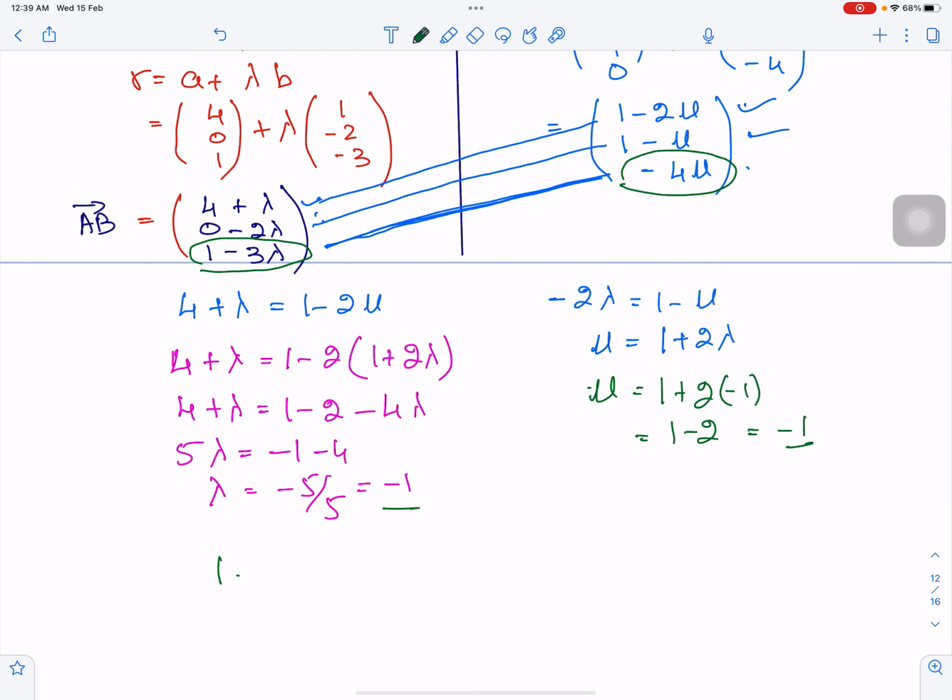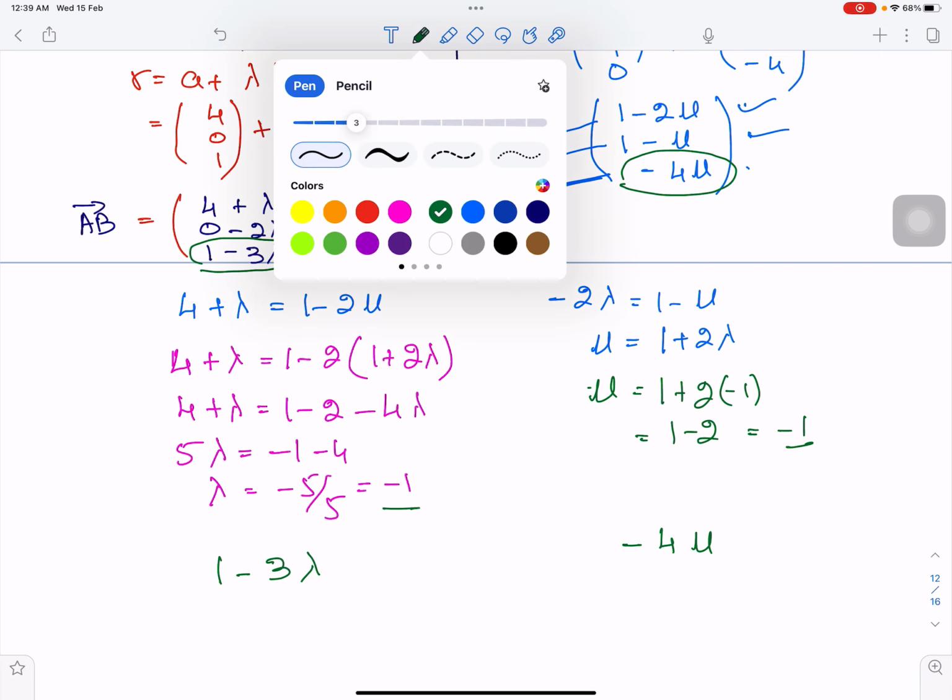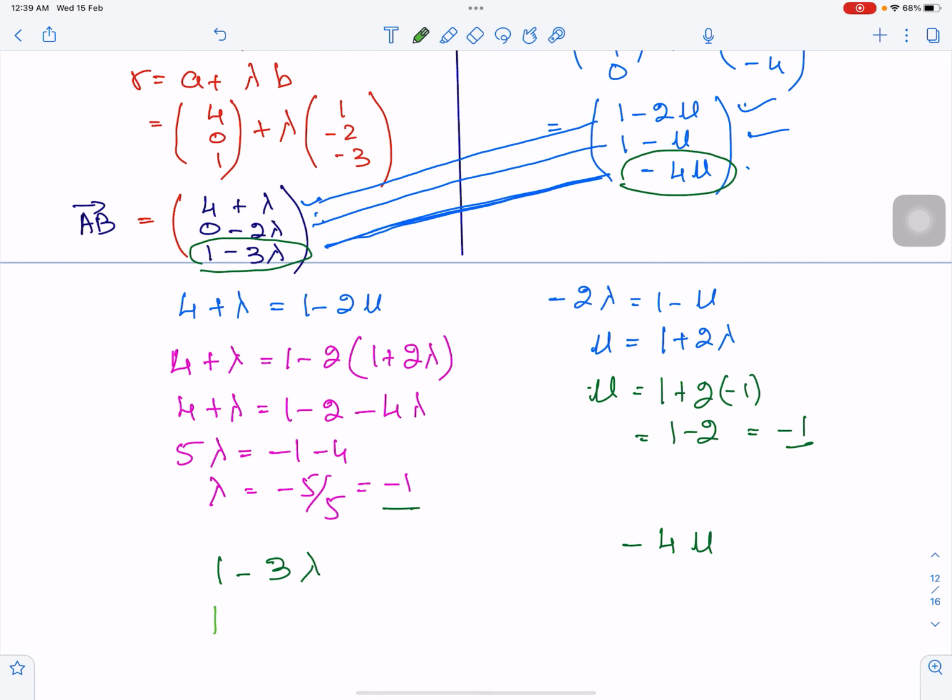So let me substitute 1 minus 3 lambda, the value of lambda, and minus 4 mu, the value of mu. Okay, so now it is 1 minus 3 times minus 1. So 1 plus 3 equals to 4. I got answer 4 here. Let me substitute this one. So minus 4 times minus 1 is also 4. Because my answer is same, it means lines are intersecting.